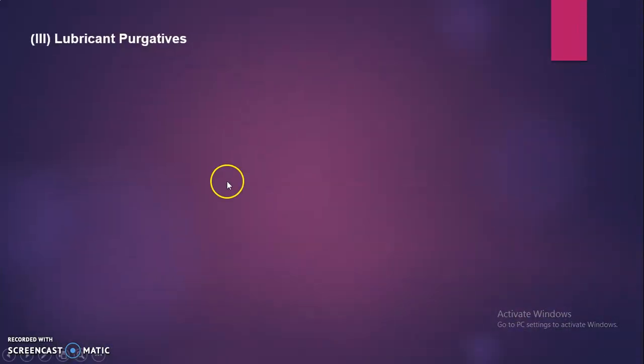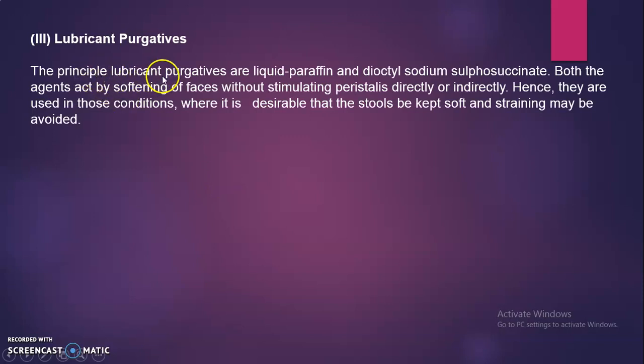Then we see the lubricant purgatives. The principal lubricant purgatives are liquid paraffin and dioctyl sodium sulfosuccinate. Both agents act by softening the feces. They work by softening the feces without stimulating peristalsis, directly or indirectly.